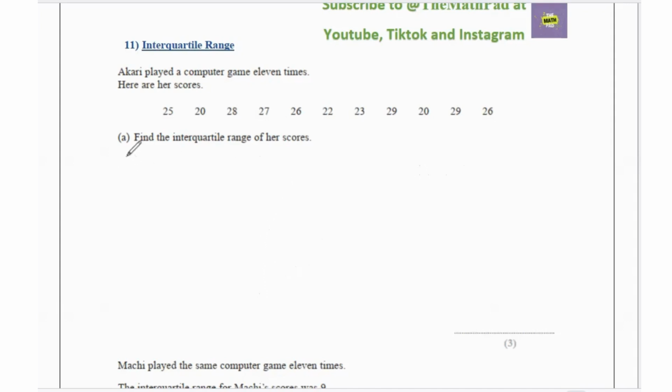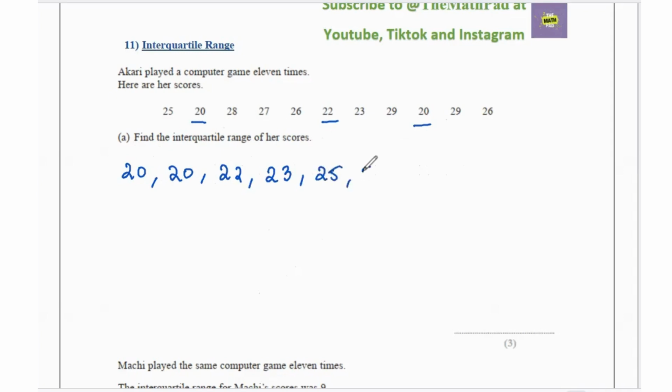interquartile range. So the smallest value over here is 20, and we have two 20s. Now after 20, what we have is 22, and that's just one. Then we have 23, that's also one. 24, we have a 25.